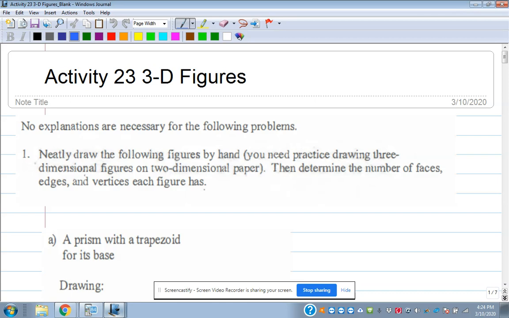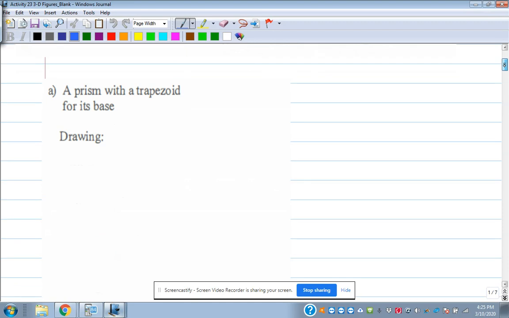Yes, I do want you to do the dotted lines to show the faces and the edges that are on the back side. That's where it gets a little more difficult. No, the surfaces are the faces. The dotted lines are the edges that are like on the back side.